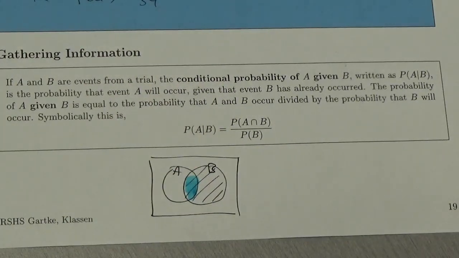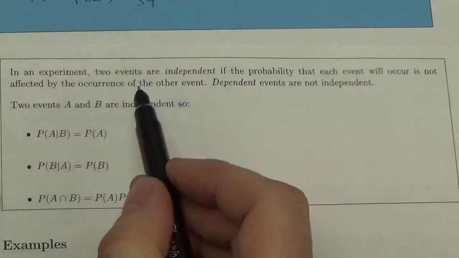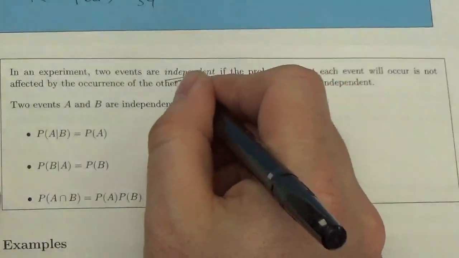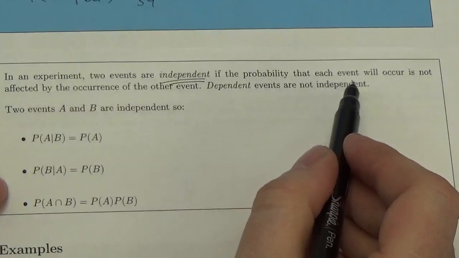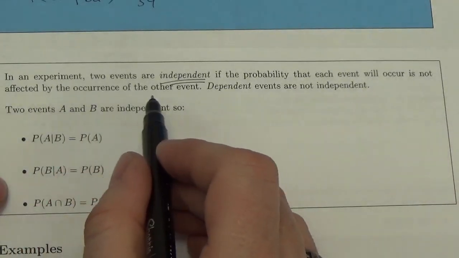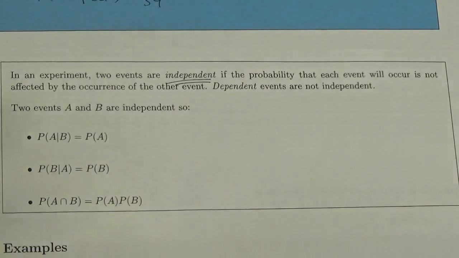Now, a couple of things that you should know about that. In an experiment, two events are independent if the probability that each event will occur is not affected by the occurrence of the other event. So if one event has no impact on the other, then they're independent.